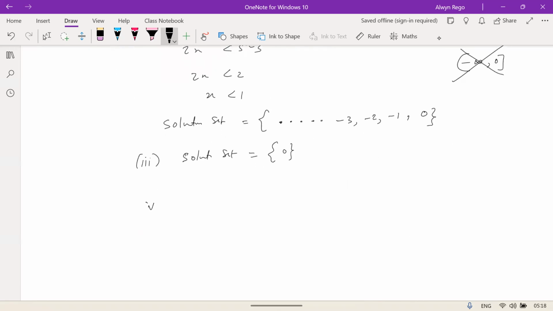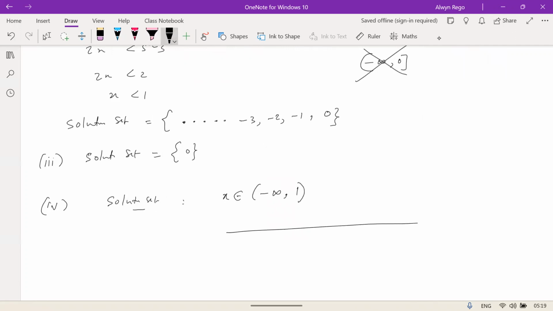And if they asked you the solution set in the set of real numbers, the solution set would definitely begin with x belongs to negative infinity right up till 1. I'll keep it 1 at this point. Only this way can I represent this one on the real line.